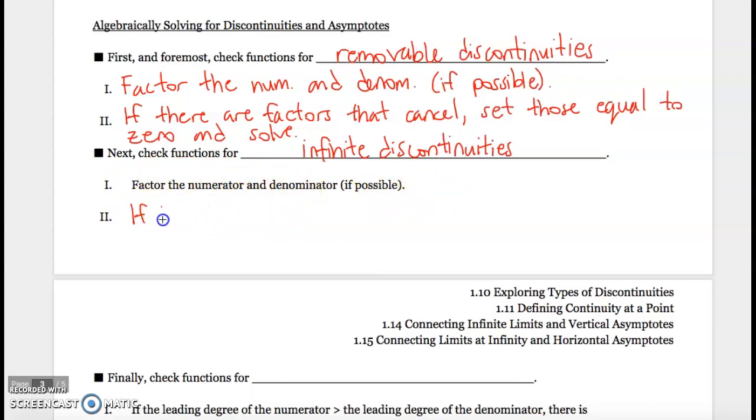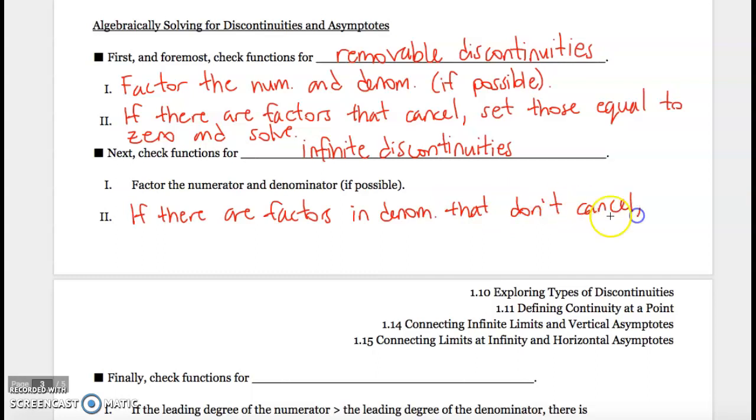Then if there are factors in the denominator that don't cancel, set those equal to 0 and solve. And then those would be vertical asymptotes, or where you would have an infinite discontinuity.